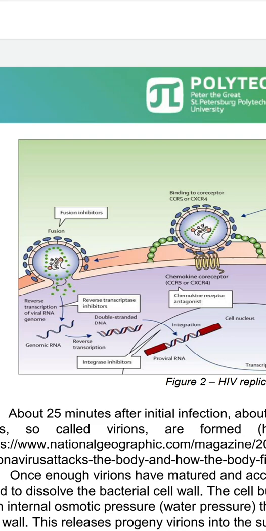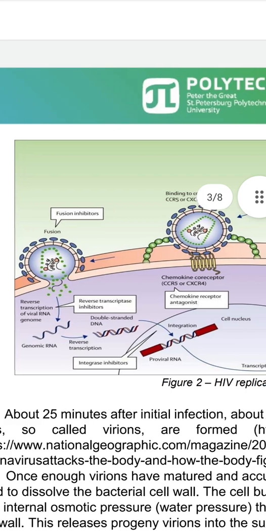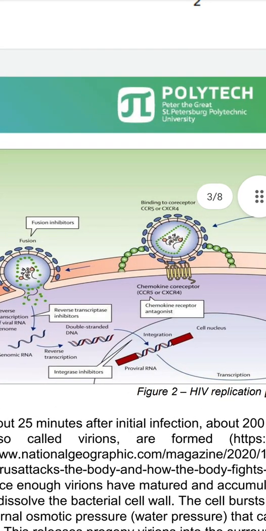Genomic RNA, by reverse transcription, gives double stranded DNA as a product. And then we have the proviral DNA come to the cell nucleus. An integrase inhibitor can come here and inhibit the integration.